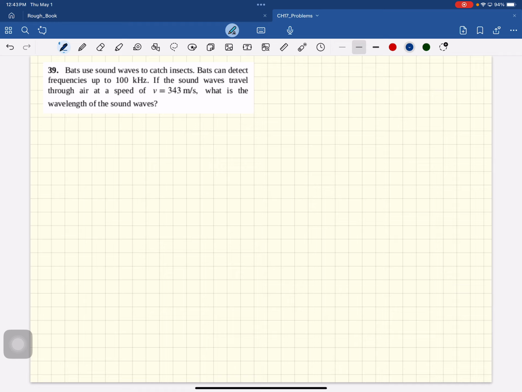So k is 2π/λ. This is how many waves there are in unit distance. So how many complete cycles of the wave up to that point? Yeah, that's what it's related to.